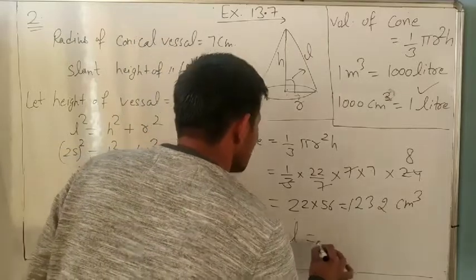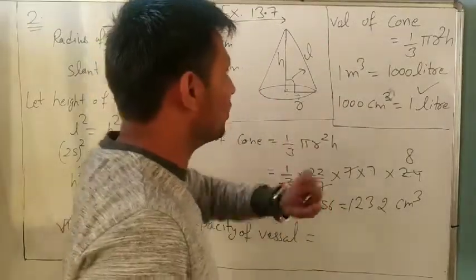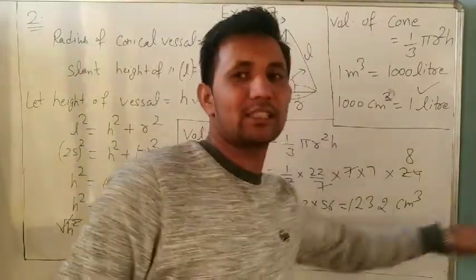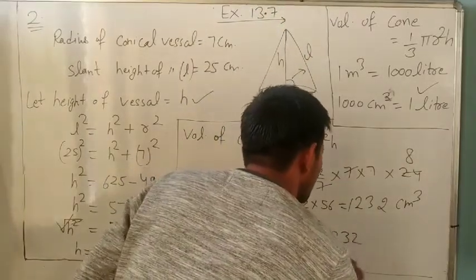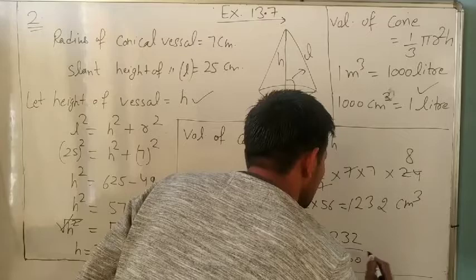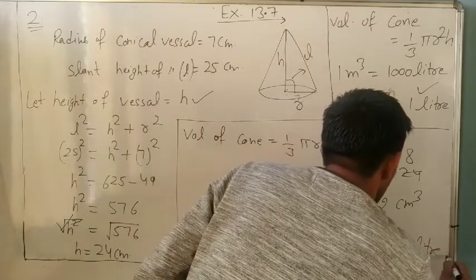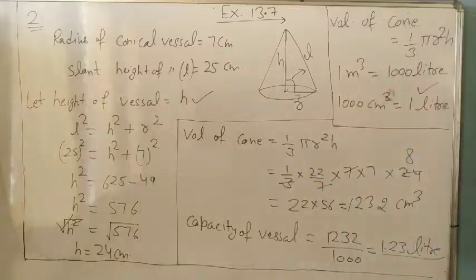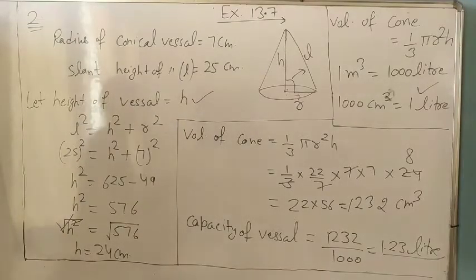First we will find value of 1 centimeter cube. 1 centimeter cube is 1 by 1000 liter. So 1232 divided by 1000 is 1.232 liter. What is the capacity of this cone? 1.232 liter.